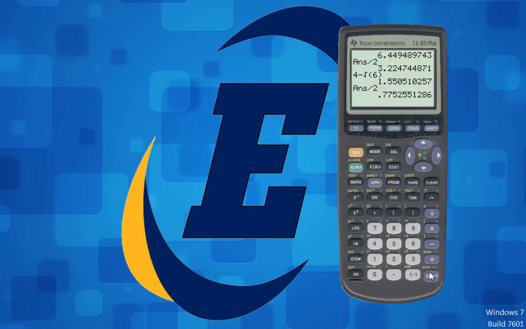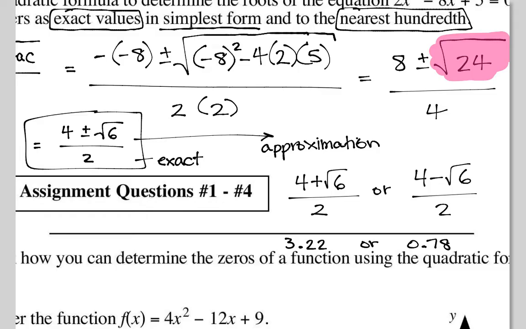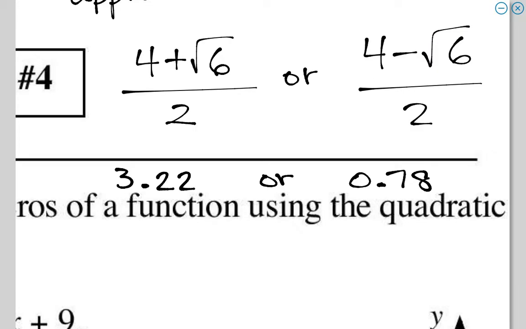You do 5 minutes of this hard work, solve this crazy question, you get it right, but then you put 0.77 and you don't get the mark. That would be horrible. Make sure you round properly. Okay. So these are the two answers: 3.22 or 0.78.